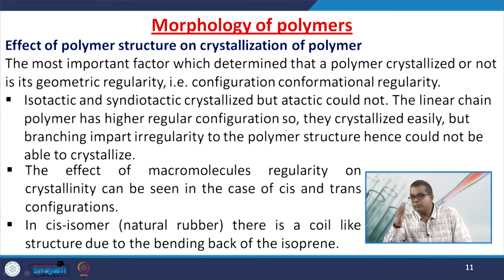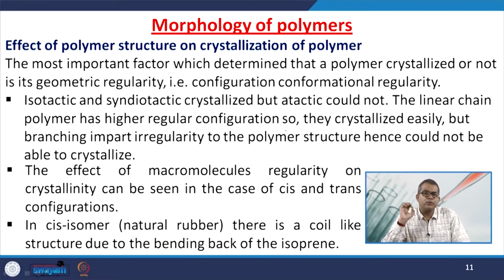So the property of the polymer may become different, though the molecular structure and molecular ingredients are the same; sometimes the properties may be entirely different. The linear chain polymer has a highly regular configuration, so it crystallizes easily, but branching imparts irregularity to the polymer structure, hence it is not able to crystallize.